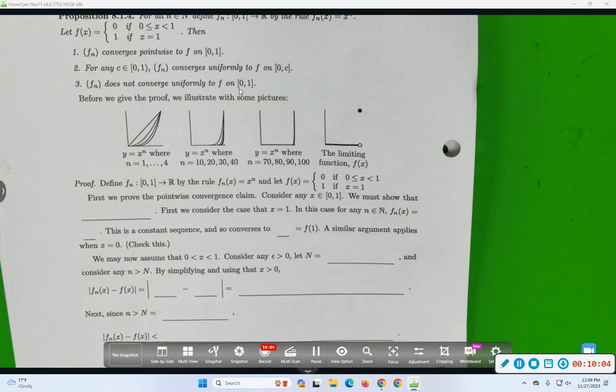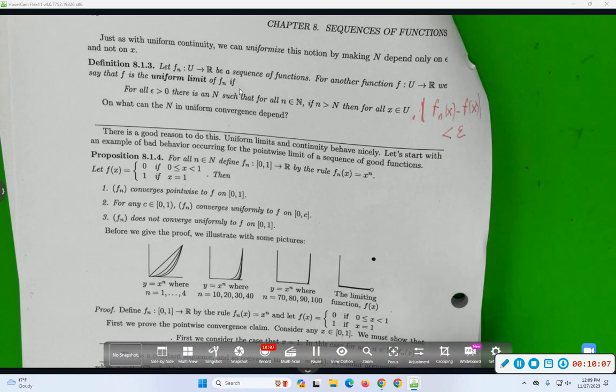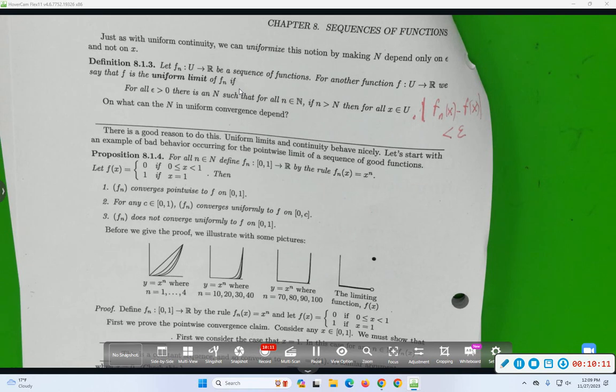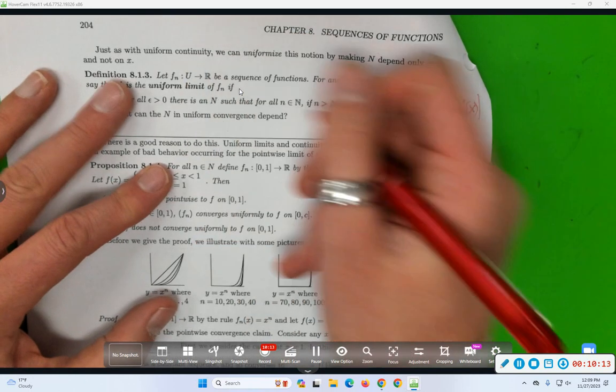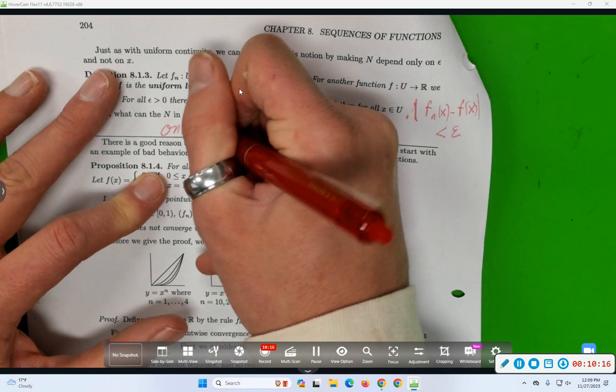All I wrote is the thing that you knew I was going to write, but better to be on screen. So the whole difference here is now big N depends only on epsilon.